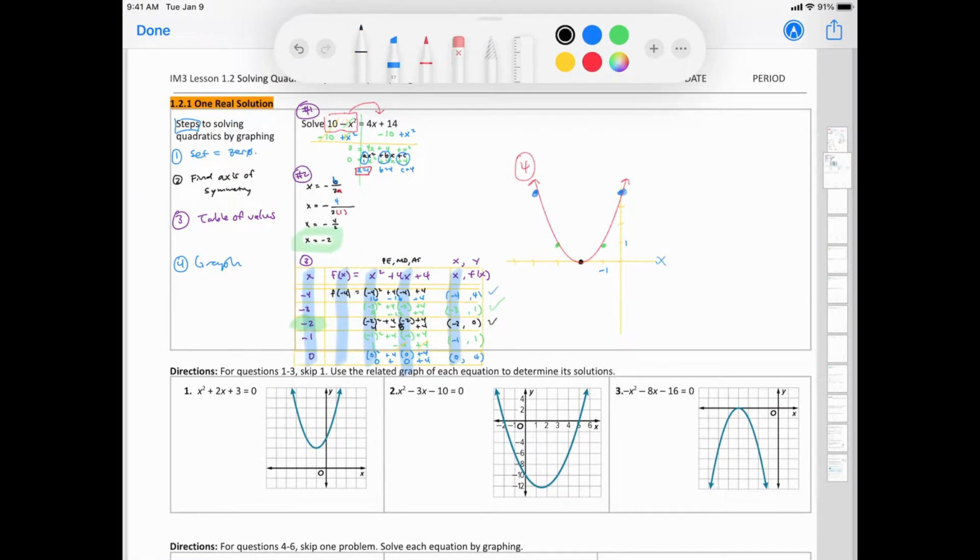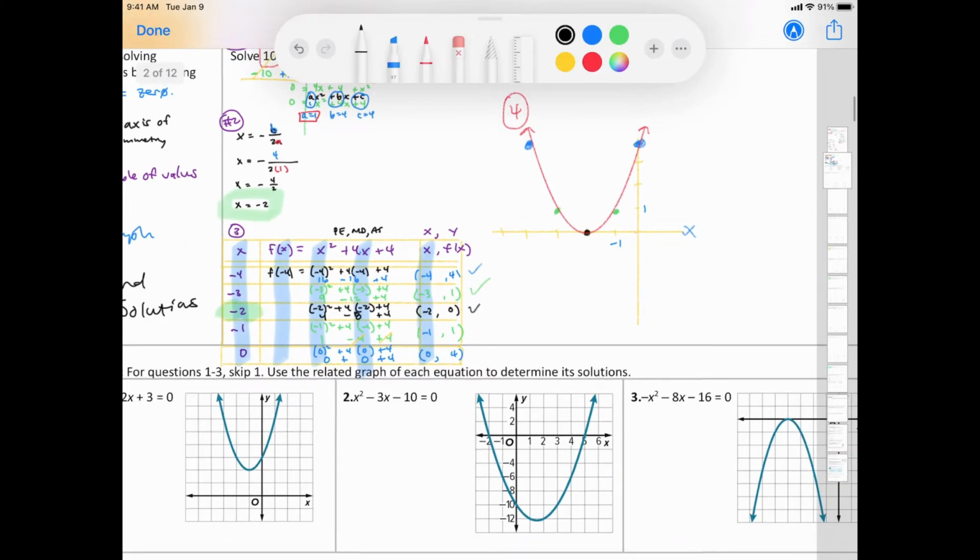Okay, step number 5 down. We need to find the solutions. Just like the warm-up, how many times does this graph cross the x-axis? Well, it does it right here. That is my solution.